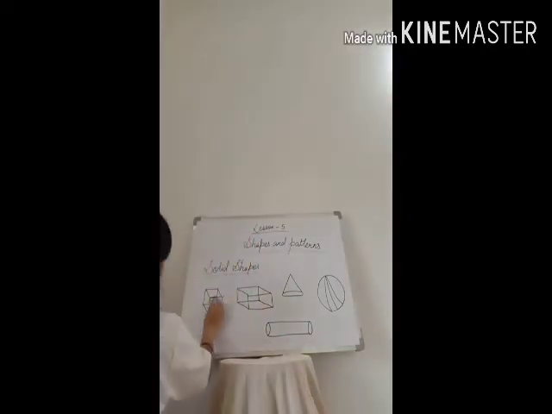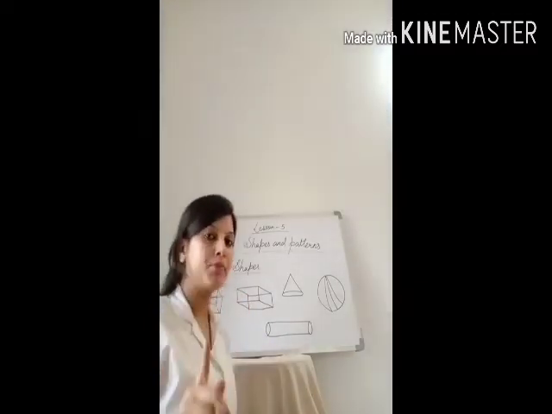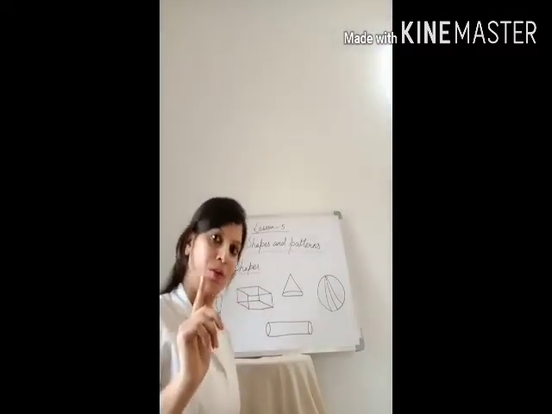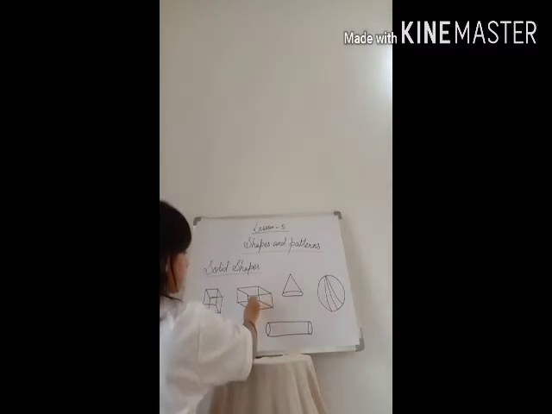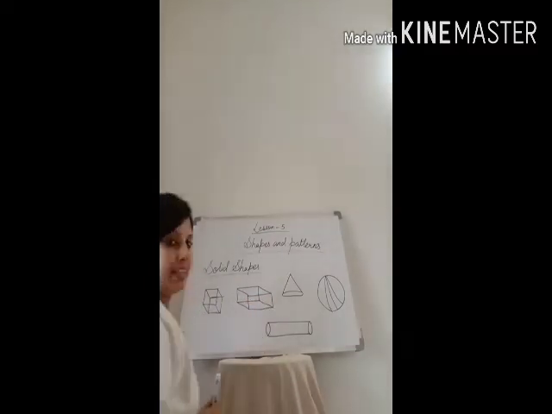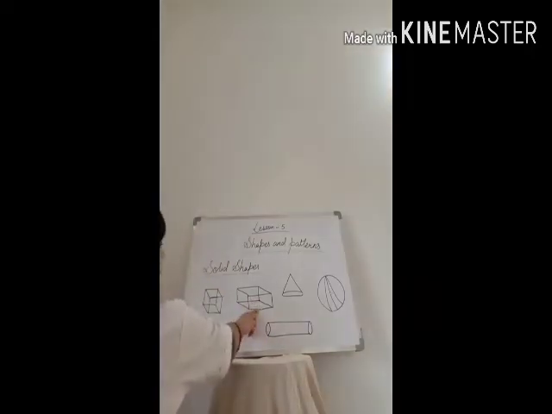The faces of the cube and the faces of the cuboid are different. So this one is cube, and the one whose faces have different length and breadth, with different faces and edges, is a cuboid.